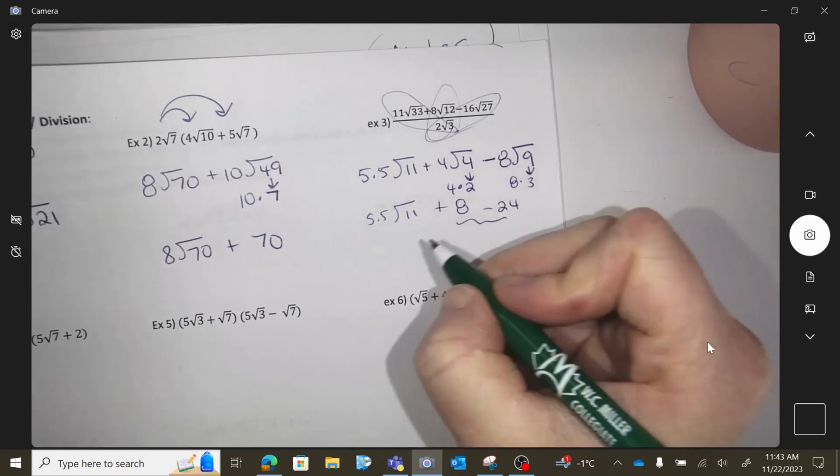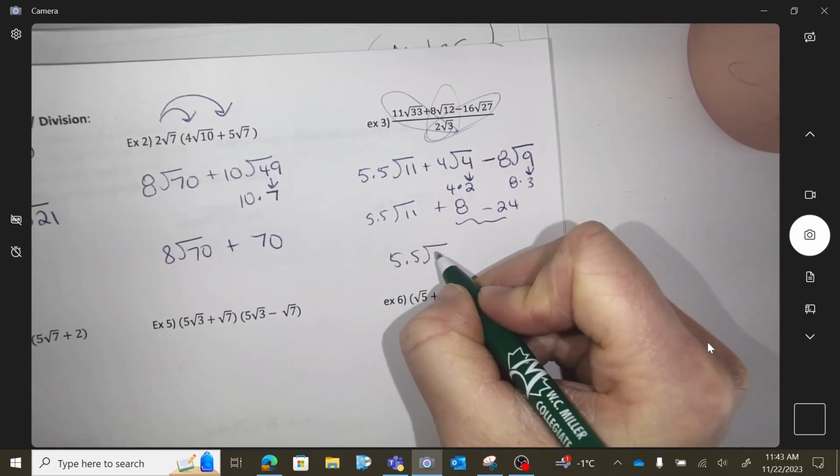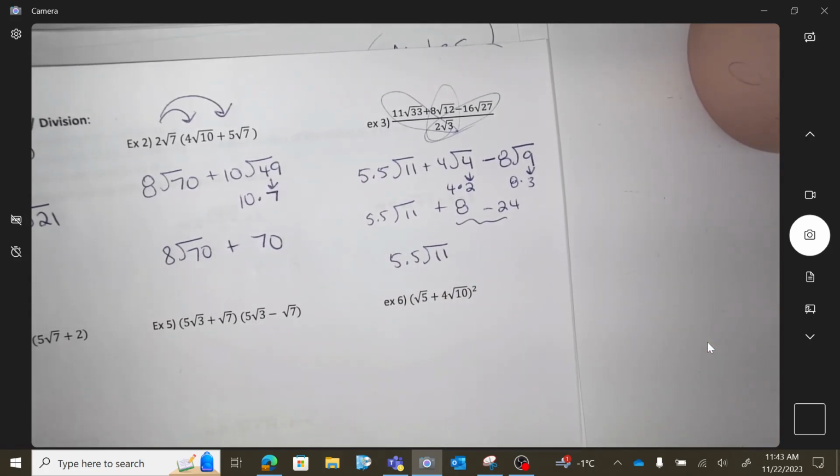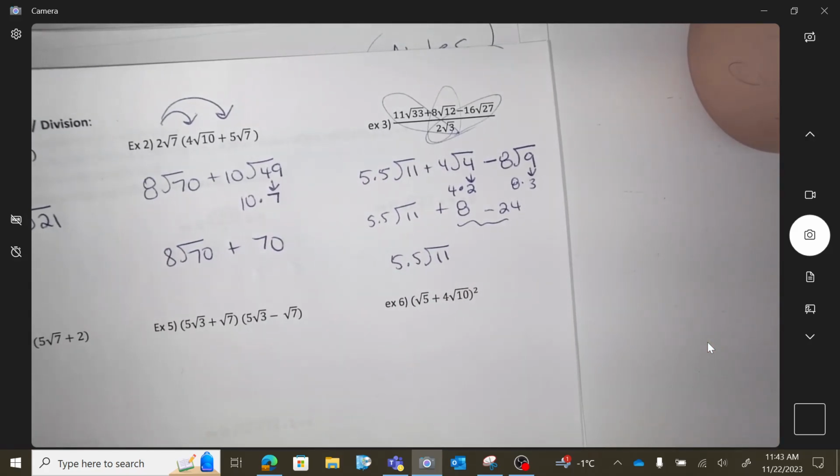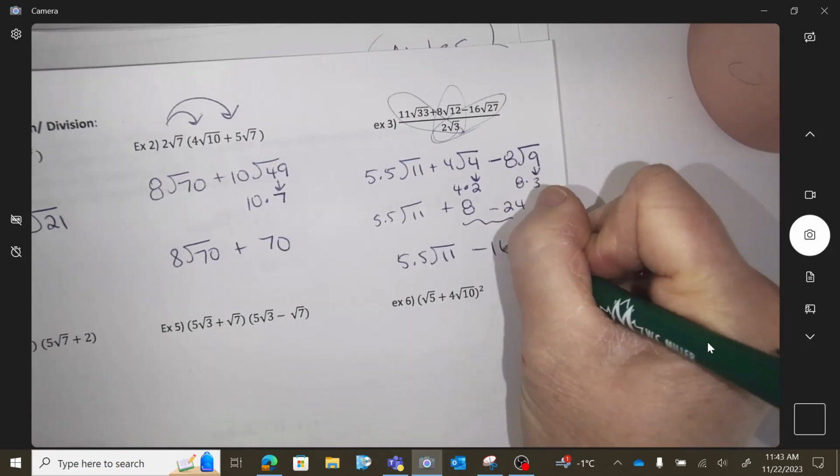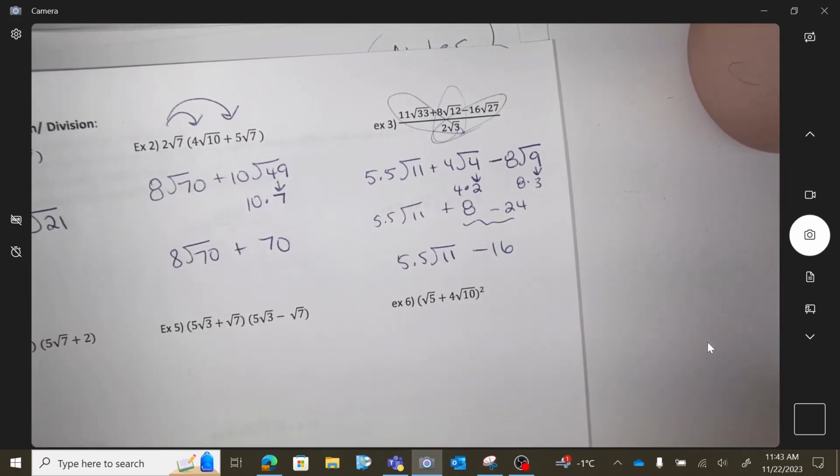And I can put stuff together. Okay, and then that's how as far as I go.